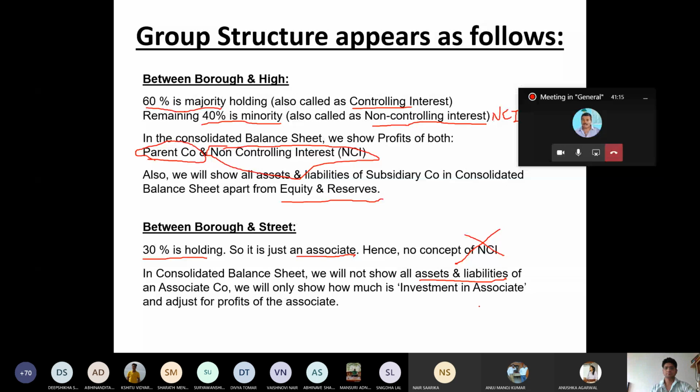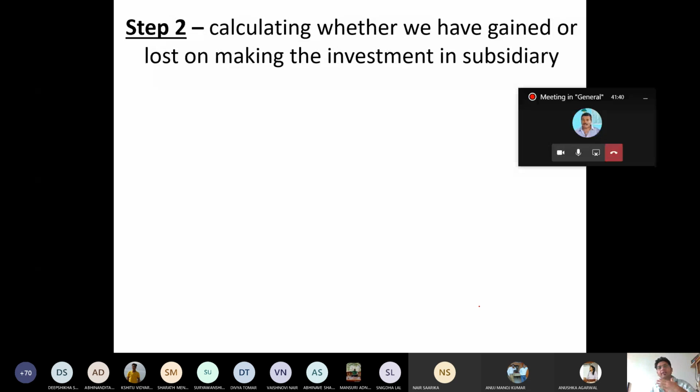Now, once we have decided between subsidiary and associate, step two. Let us focus only on subsidiary right now, because consolidation is of subsidiary. We will not consolidate the entire associate. So let us focus only on parent company and subsidiary company as of now.